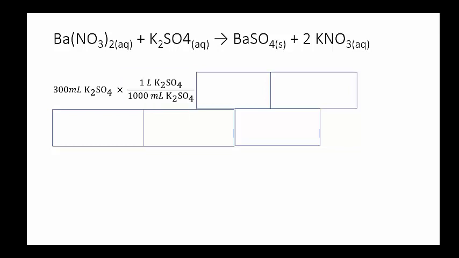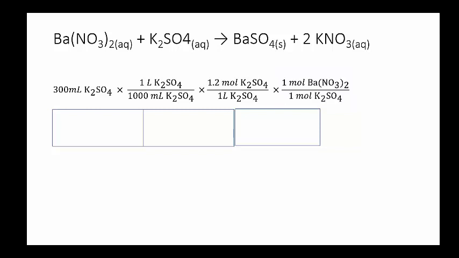So first off, again, I'm going to convert this to liters because I know my molarity is in liters. And then again, molarity will allow me to convert the liters into moles. Once I have moles of K2SO4, I get my magic step now, right? I get to transform moles of K2SO4 into moles of barium nitrate.